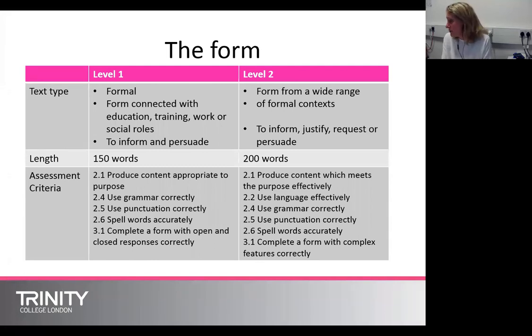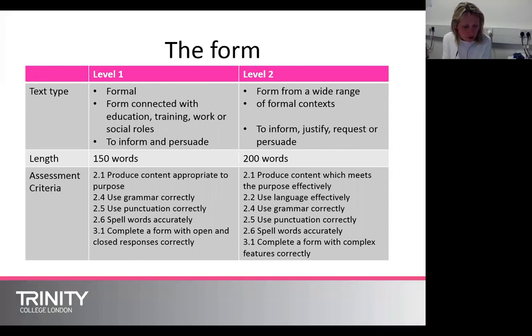The notes are there for candidates to use, but they also need to be able to demonstrate the use of grammar, the lexis, the range of lexis. So they have to use the lexis, but they have to complete the task using the notes, but also paraphrase and add to those notes. So produce content.